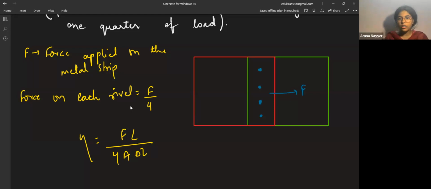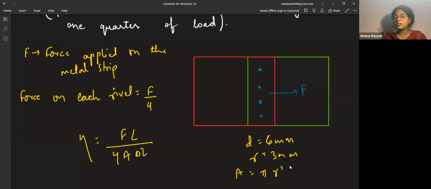And what is the diameter? Diameter is 6 millimeters, so radius will be 3 millimeters. So area will be pi r square, that is pi into 3 millimeter square.